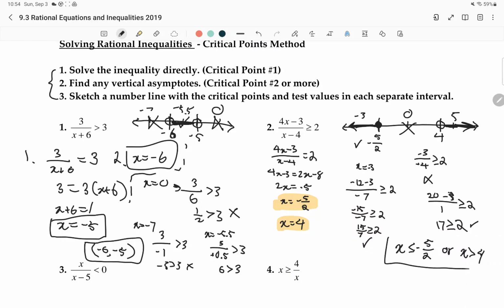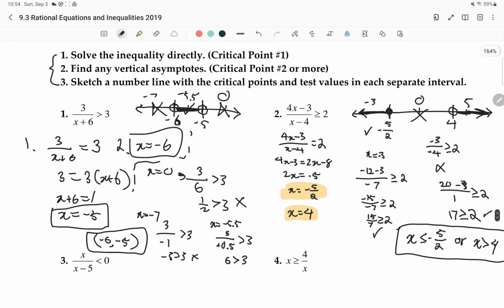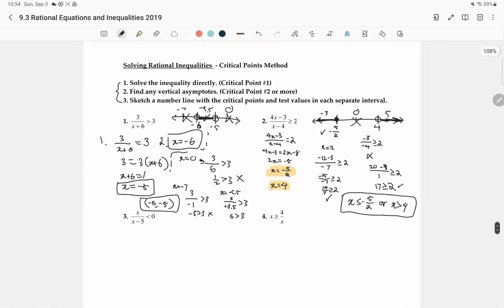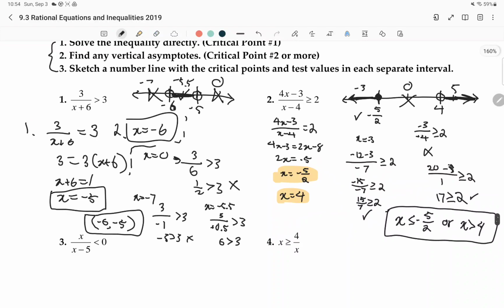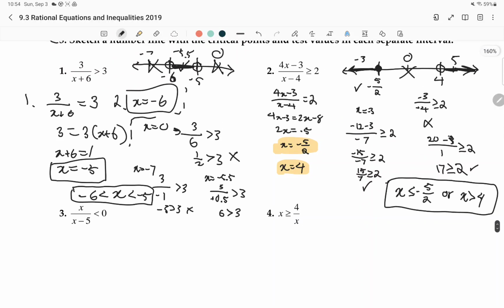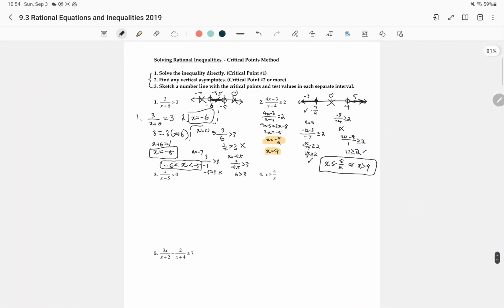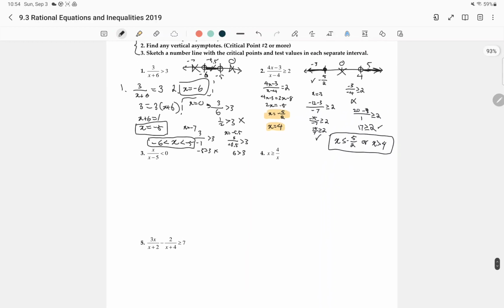And this is our final answer. And oh yeah, I should note that we do not want to use interval notation. My apologies. So this is not correct. We're gonna have to use inequality notation like this. This is the proper notation for when solving inequalities because it's an inequality, not a range.